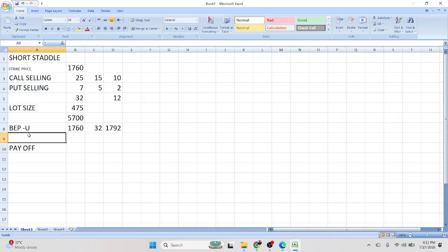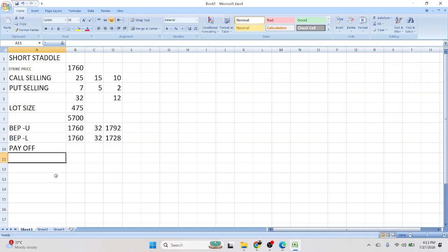Same thing, the break even point on the lower side would be 1760 again minus 32 points. So if the market remains in this region, we can make some profit. If the market is going above or below this level, we will have to bear some kind of loss.